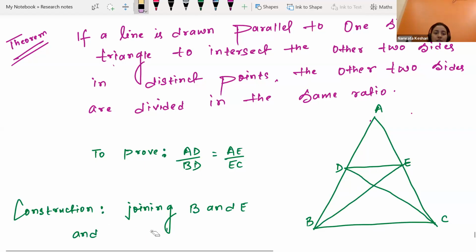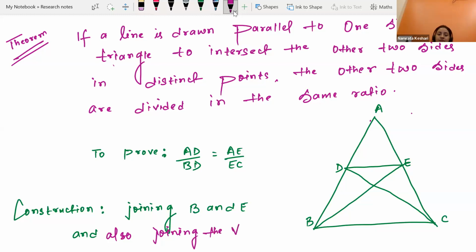Let's try joining D and E also, and join the vertex C and D. Okay.